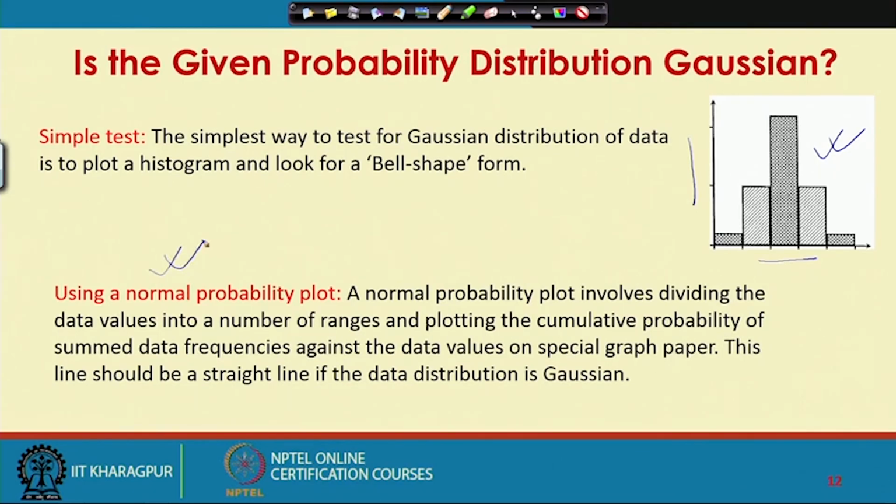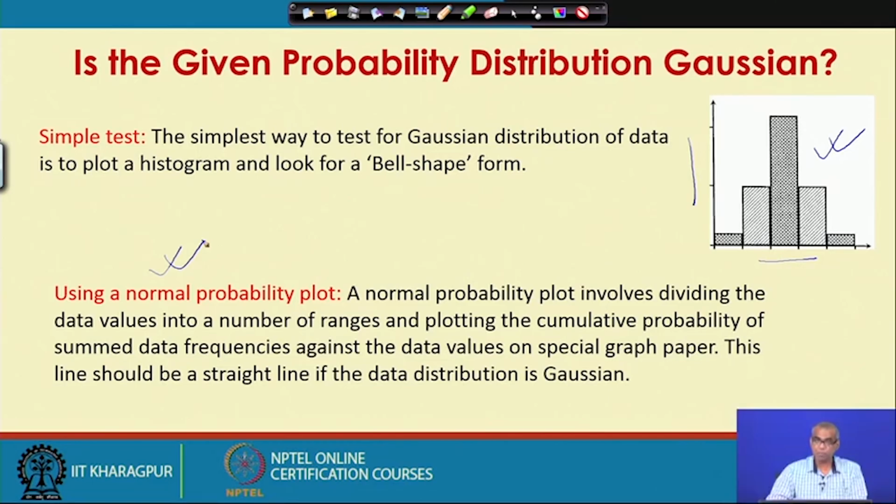A normal probability plot involves dividing the data values into a number of ranges and plotting the cumulative probability of some data frequencies against the data values on special graph paper. So, there is a special graph paper available and you have a normal probability plot there. The line should be a straight line if the data distribution is Gaussian.